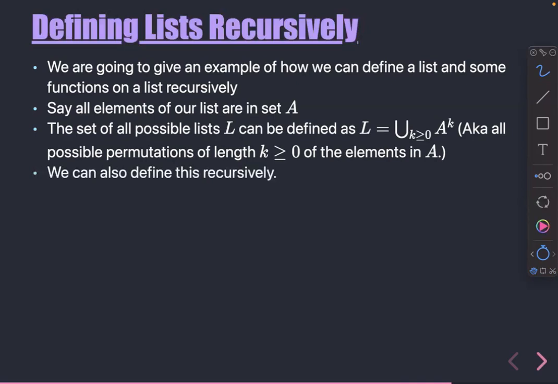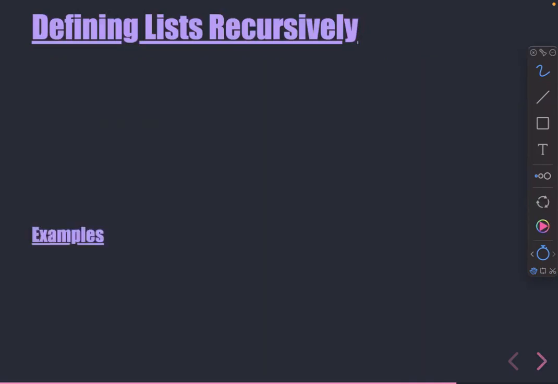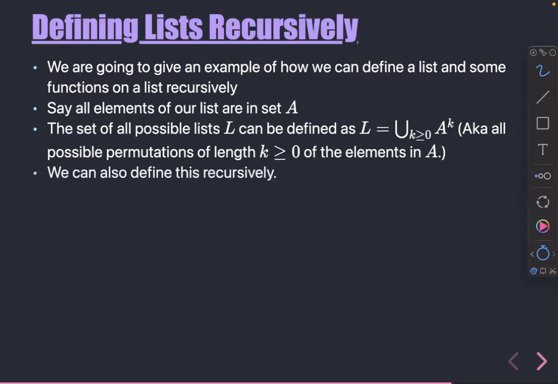And so we can define this recursively. Again, this is just the set of all possible lists. Let's go ahead and do that. I'm going to define it using this function called cons, for constructor. The idea is that cons is your constructor, what you use to make a list.